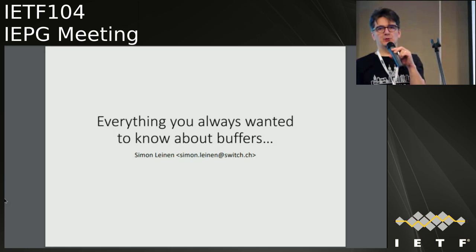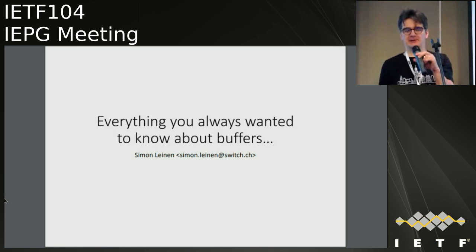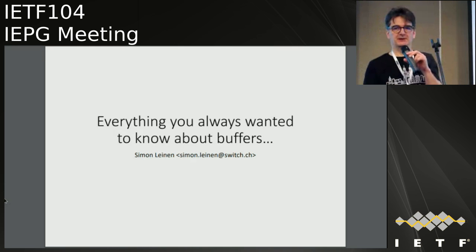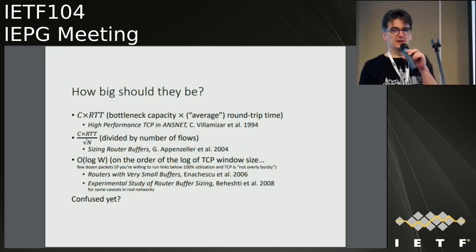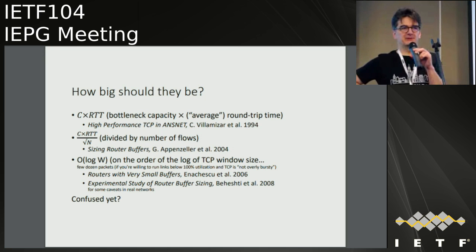You need them when you go from fast links to slow links, or when you aggregate many links at the same speed. I don't have time to go into the details, but it's a huge space of situations where the buffer needs are very different. So how big should the buffers be?